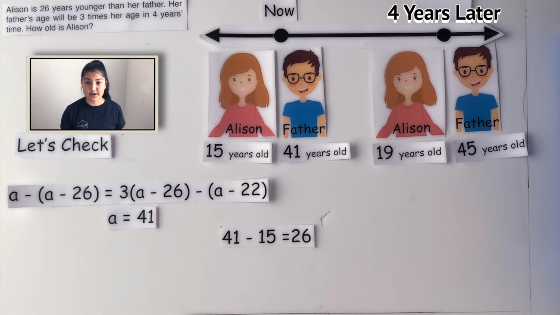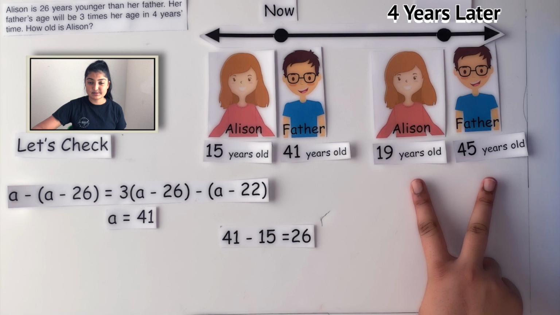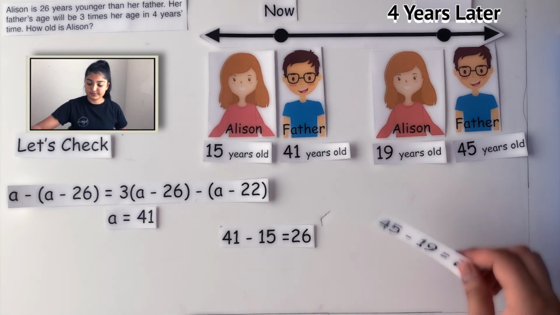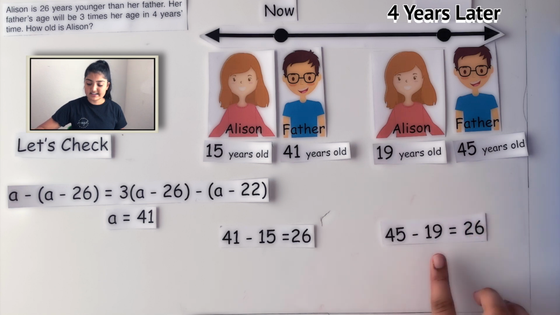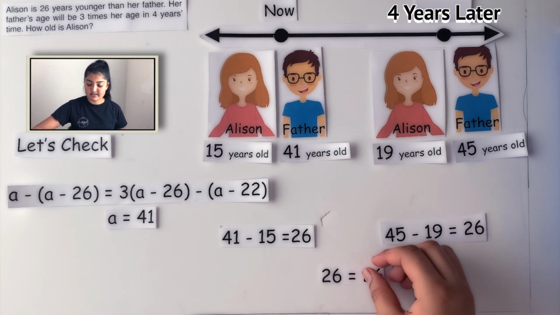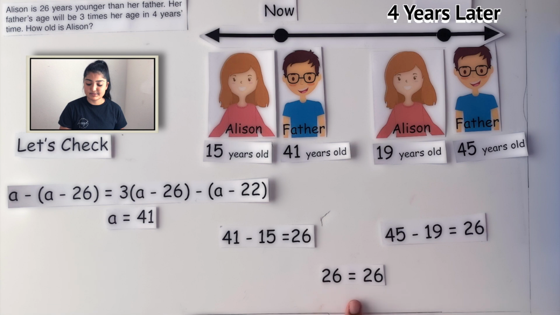Let's look 4 years ahead. The difference between their ages is 45 minus 19, which is 26. This tells us the difference between their ages is the same. So our solution is correct.